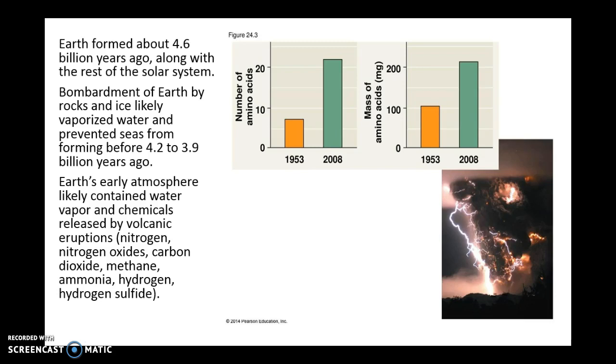And so the Earth formed about 4.6 billion years ago. It's a number you want to keep in your head, about 4.6 billion years ago, along with the rest of the solar system.